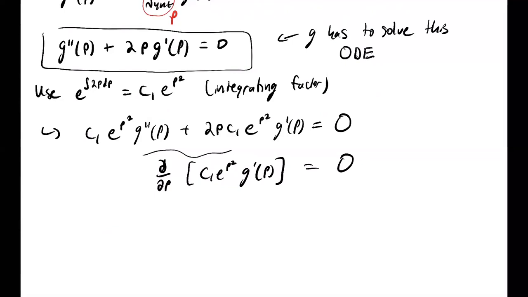Right, and so this tells me that I can solve the ODE in the following way. So the differential equation has the solution, well, if the derivative of this thing in brackets is 0, that means this thing in brackets has to be constant, right? So c1 e to the p squared times g prime of p is some other constant c.